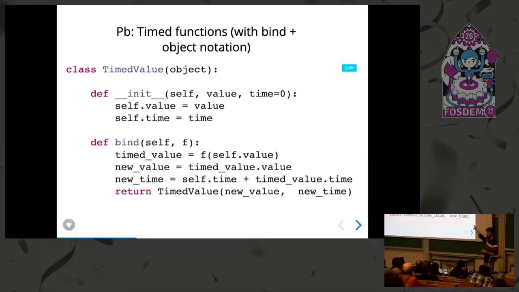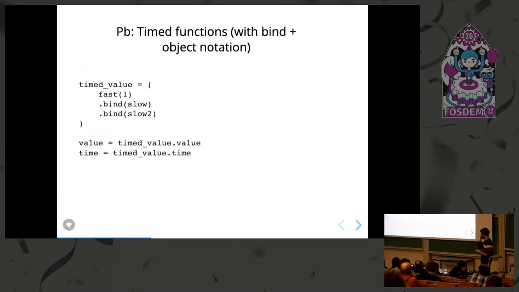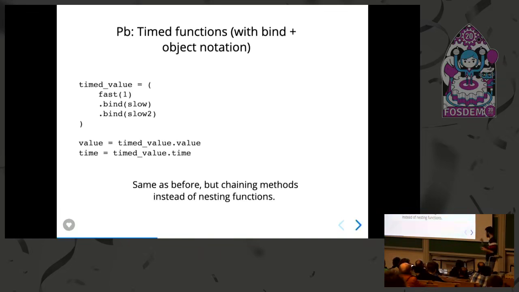And let's define a bind method, which does the same thing as before, but just returns a new TimeValue object this way. We have to update our previous decorator to take the new class into account. And we can solve the problem this way. It's the same as before, but we are chaining methods instead of nesting functions, which can arguably be easier to read.